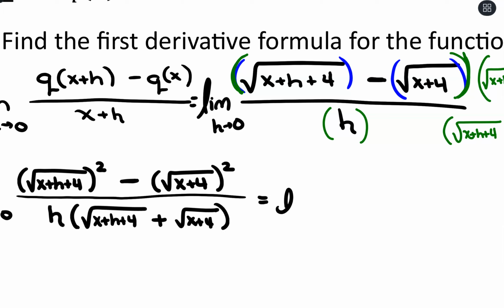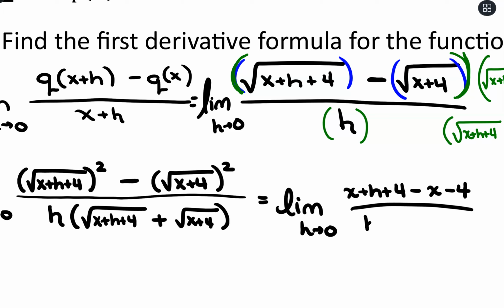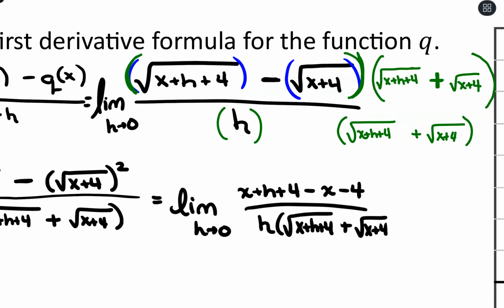So how this will simplify is we get to get rid of those radicals. So it'll be an x plus h plus 4 minus x plus 4 in parentheses. So distribute the negative, minus x minus 4, all over all that stuff. Okay, so looking for our cancellations, we have x minus x, 4 minus 4.